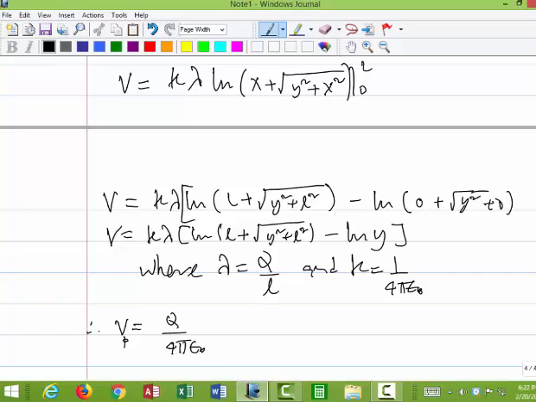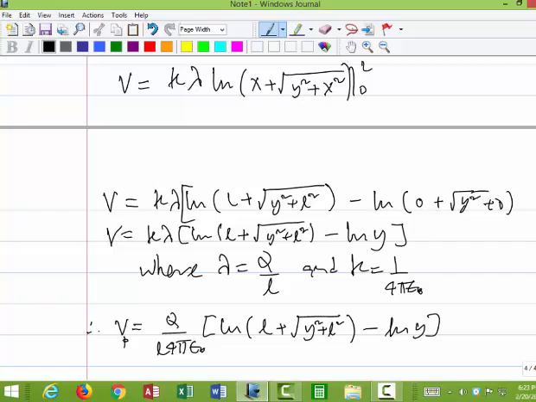So this is L, and this will be, in parentheses, the natural log of L plus the square root of Y squared plus L squared, minus the natural log of Y. Okay, I think that should do it.